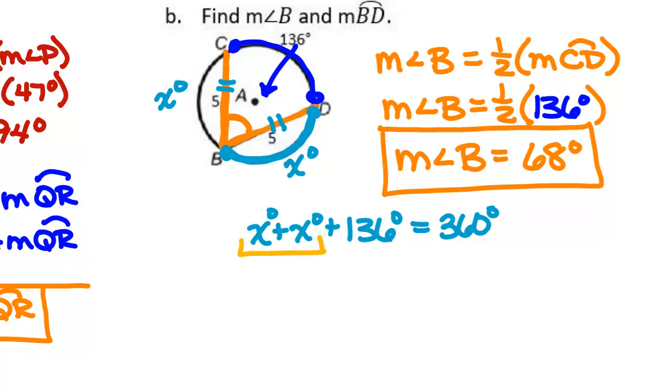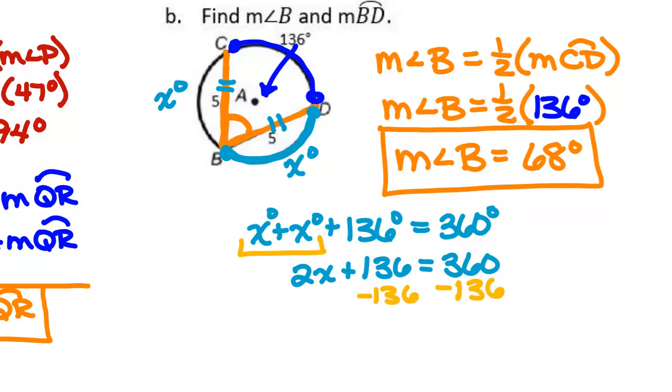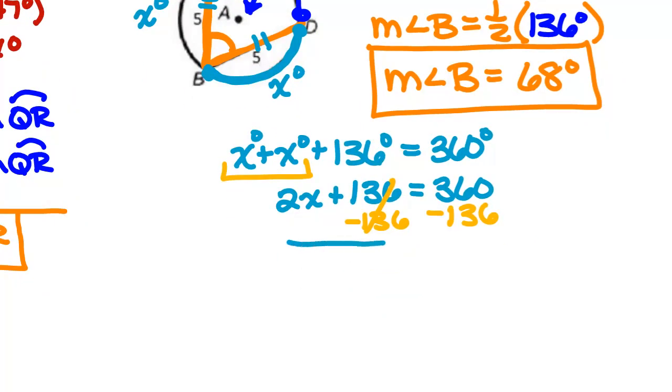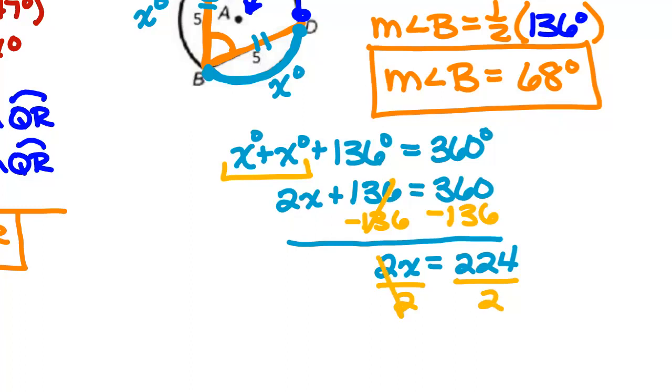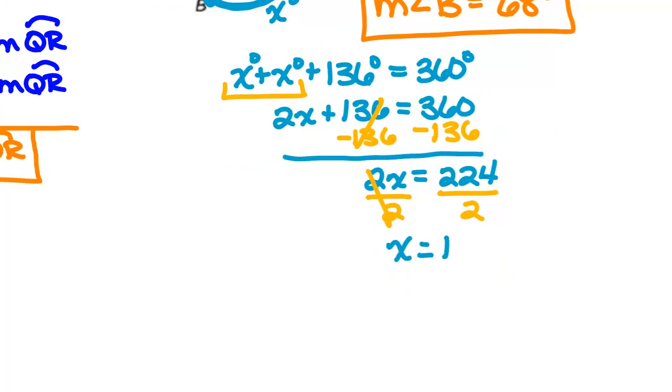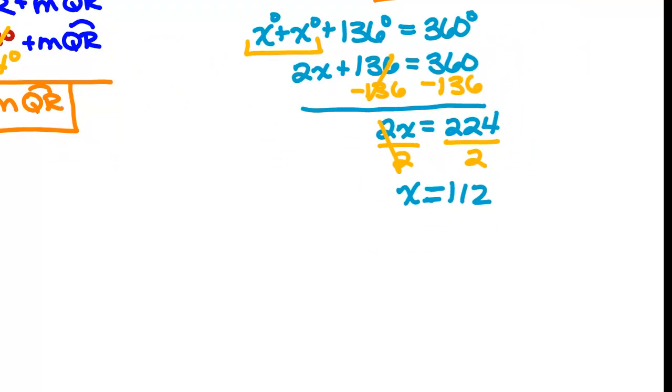So I'm going to combine my X's first. 2X plus 136 equals 360. Then I'm going to minus 136 from both sides. What is 360 minus 136? 224. Then we're going to divide both sides by 2. And that means X is how big? 112. So how big is arc BD? 112 degrees.